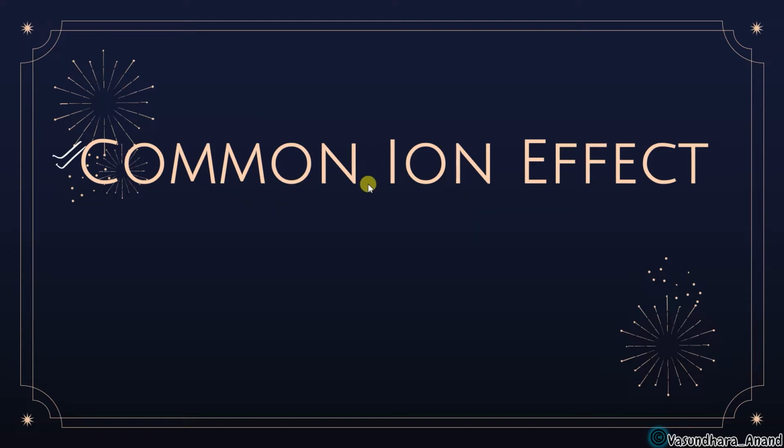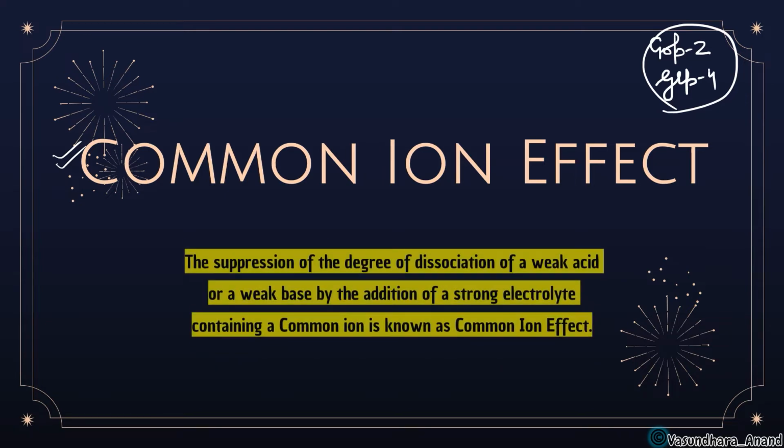If you remember the salt analysis we did, in group 1 we were adding HCl, and after that in group 2 we were adding H2S. So that is also a common ion effect. In practical, group 2 and group 4 both use the common ion effect. Okay, so let's move to the definition part.